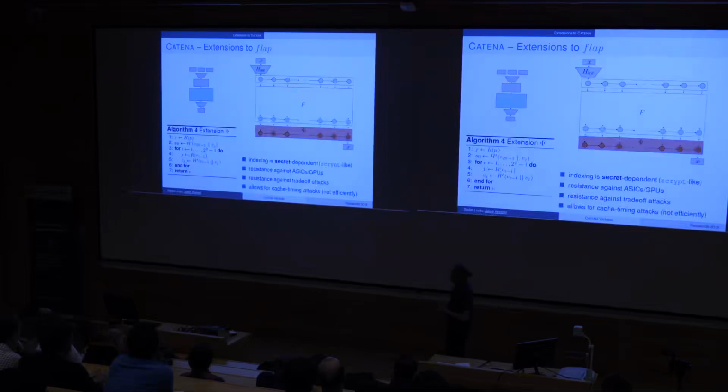The second extension is called phi, and we use secret-dependent memory accesses, which means in this case it basically depends on the password, but not on the password itself, of course, but on the last state word of this graph structure. So of course all these values depend on the password, because it's the input to our scheme.